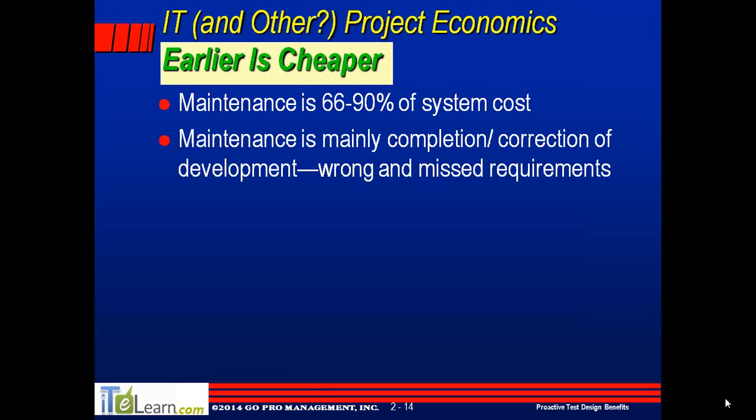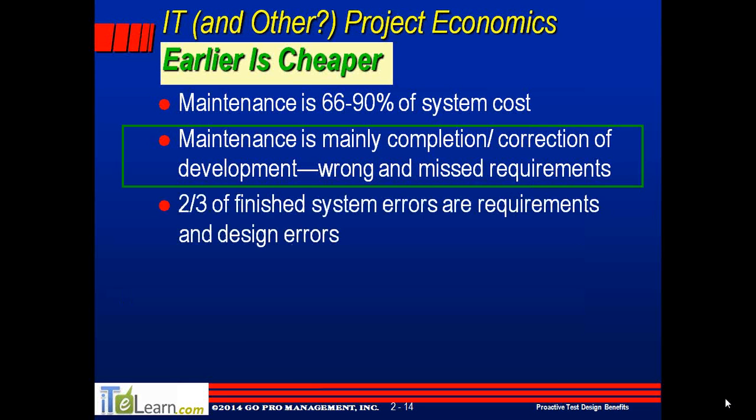And contrary to popular opinion, much of maintenance is not new and unpredictable, but rather is finishing and fixing what we could have and should have known in the first place, largely due to wrong and missed requirements. Things that various forms of proactive testing can help catch.